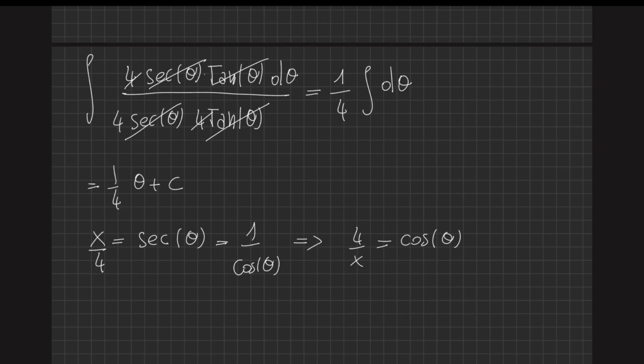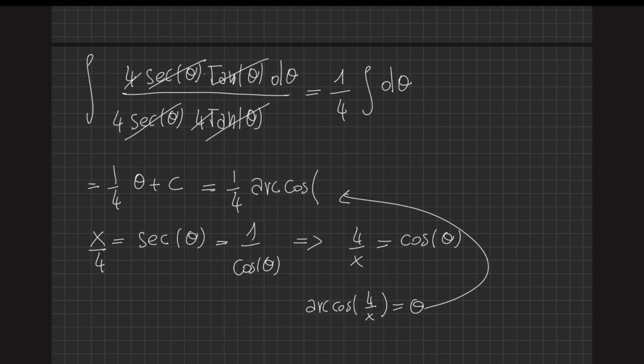And now I can invert both sides, which means that I apply the arc cosine on both left and right. So I get the arc cosine of 4 over x is equal to theta. So I can rewrite my integral as 1 over 4 times the arc cosine of 4 over x plus a constant.